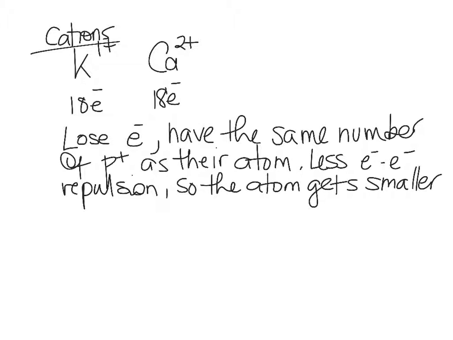So calcium has got a bigger pull than potassium, and therefore it shrinks even more. It's not because of the electron-electron repulsion here, because they have the same number of electrons. So K1+ has the same repulsion as the Ca2+.